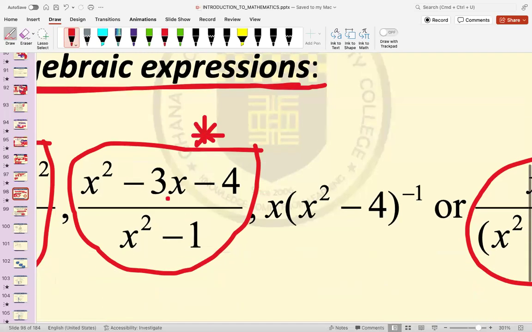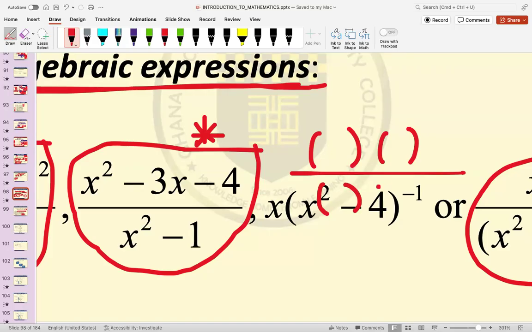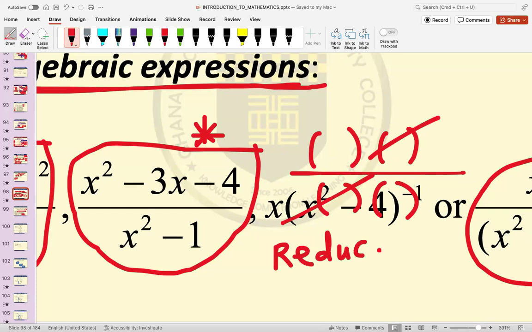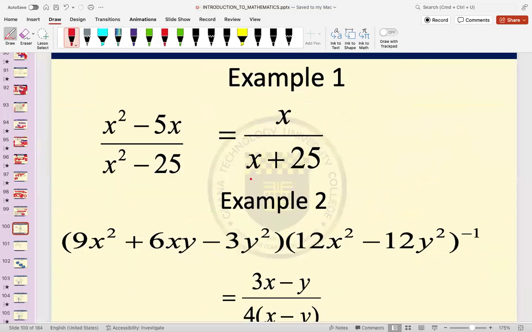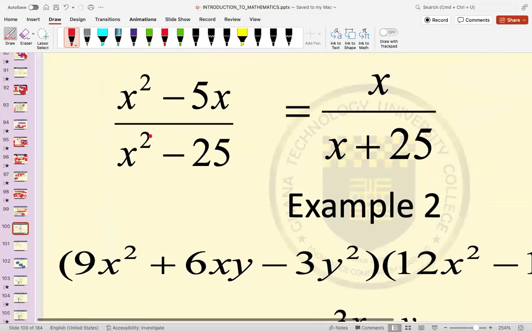But we should be able to do some packaging at the top, and also some packaging at the bottom. In the course of the packaging, one package up may cancel another package down. And by so doing, we can reduce the expression, which seemed very complex in the beginning.